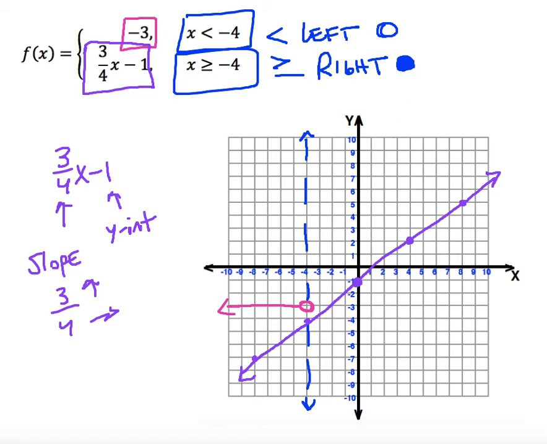So I need my purple line to stay to the right, which means I'm going to erase the stuff to the left. Okay, and then where the purple line hits the blue, it needs to be a filled in circle. So this dot right here, just make it like an even bigger filled in circle.